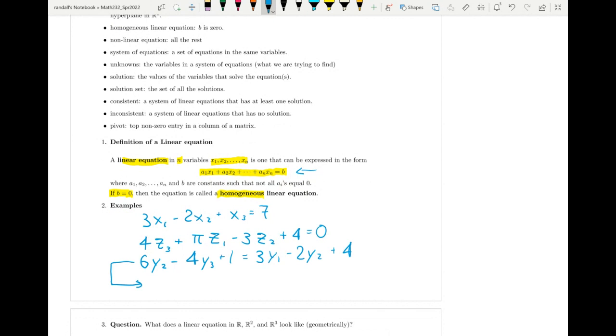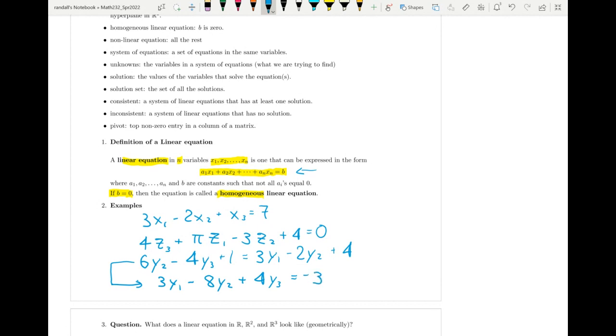When I do that, I'll have 3y1, and then I'll group the y2's together, and I'll get minus 8y2. And then I'll group the y3's together, moving them over to the left-hand side, which gives me minus 4y3. And then I'll put all the constants on the other side of this equation, which makes it minus 3.